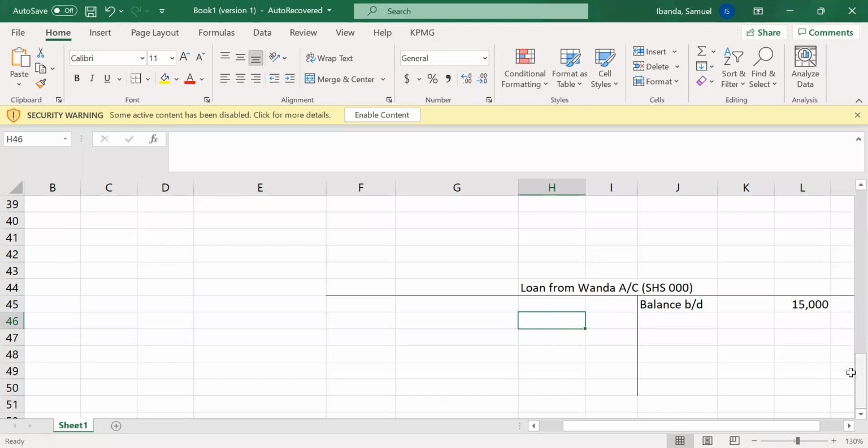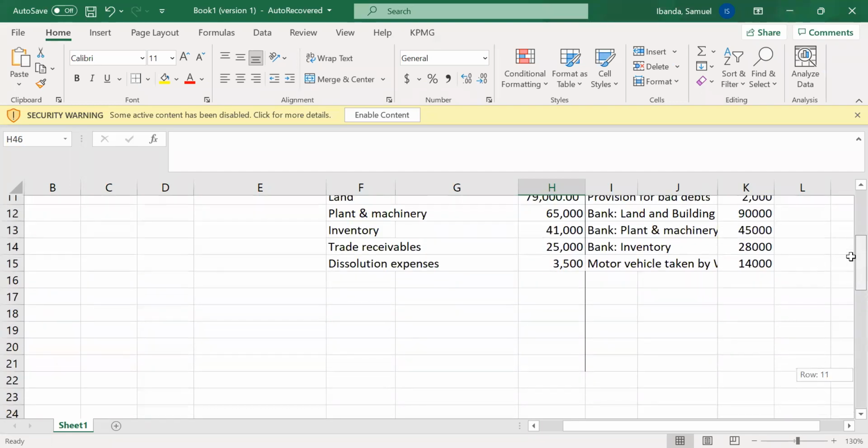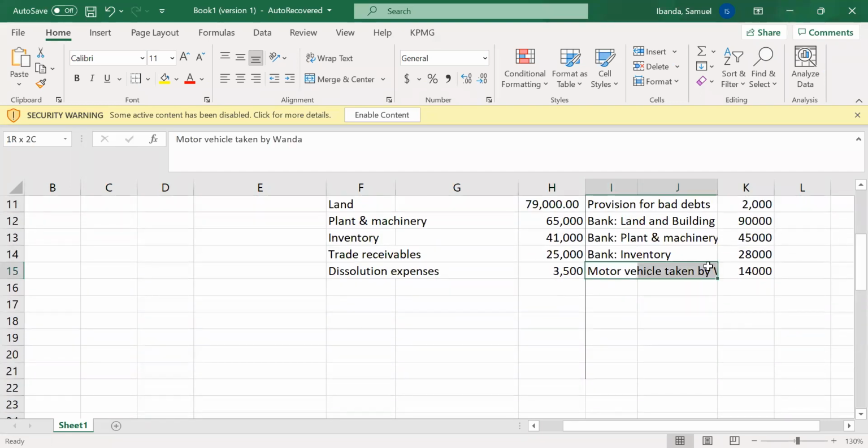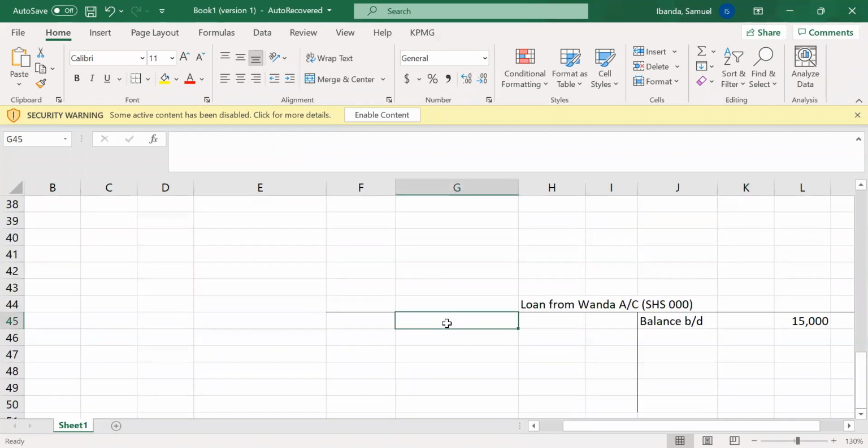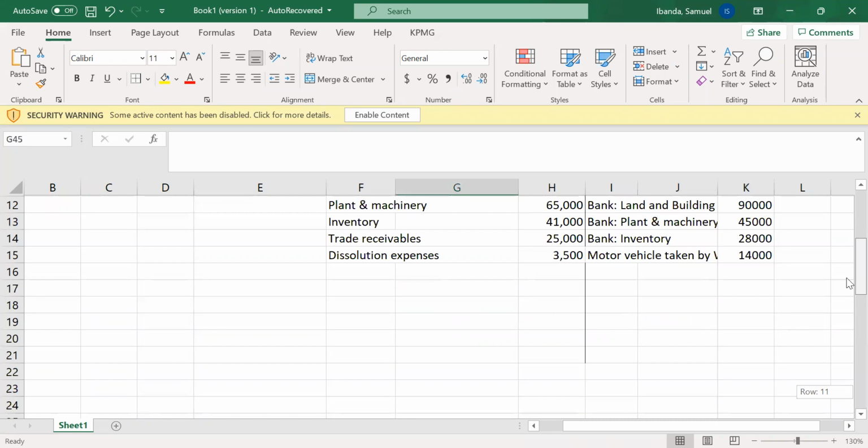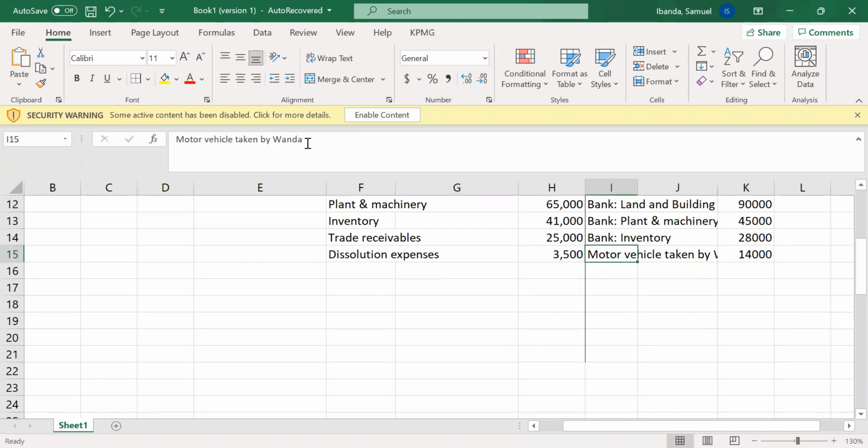Now, when Wanda takes over this motor vehicle, as we credit it here, this motor vehicle 14 million, we come and debit it in the loans account because it is settling the loan. Remember, whenever we settle the loan, we debit it because the liability is decreasing. So the liability is decreasing by how much? By the same amount, which is 14.